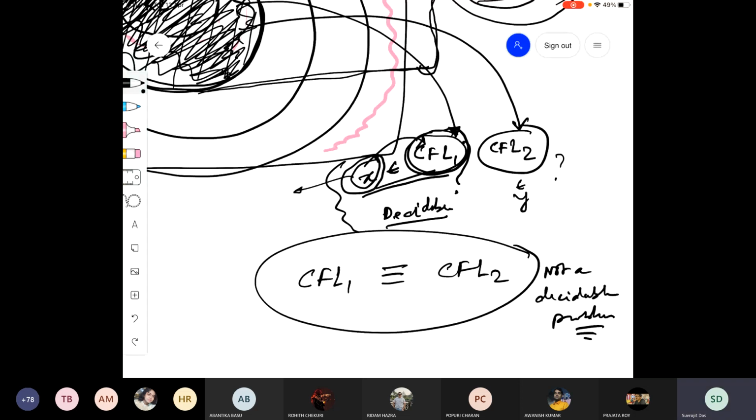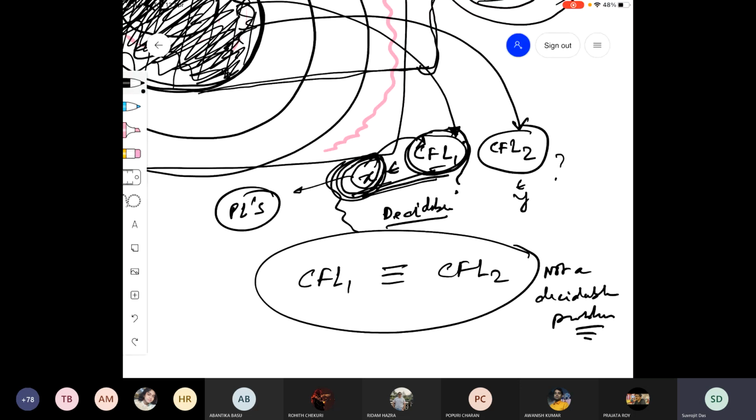We can say that this is not a member of this context-free language. For that, you can go for exhaustive search, which may be tedious, or you can use some pumping lemmas to check whether this string should be a member of a context-free language or not.